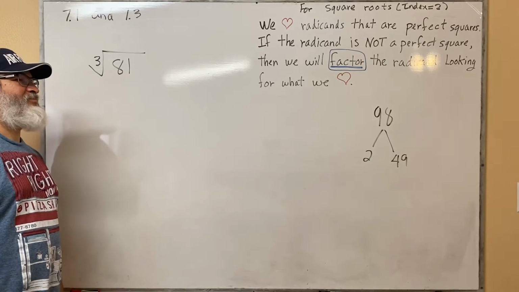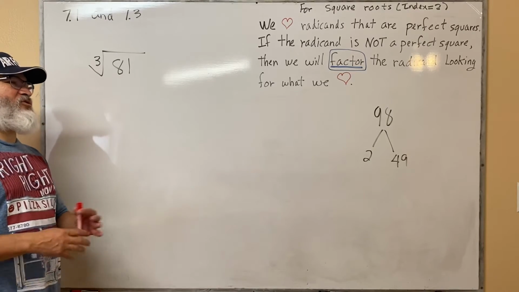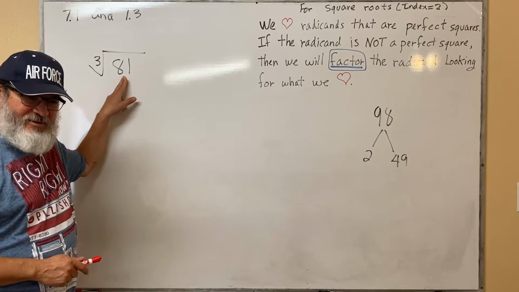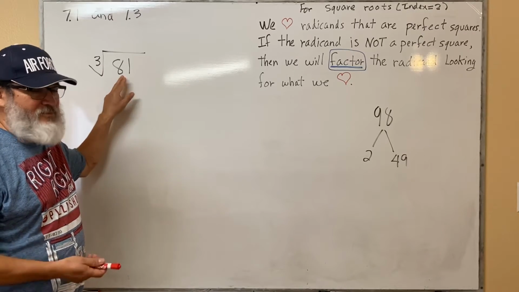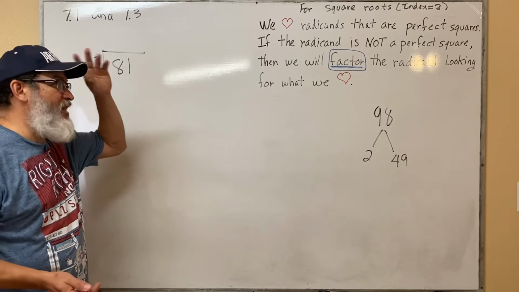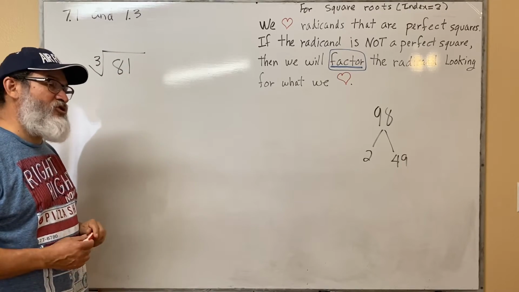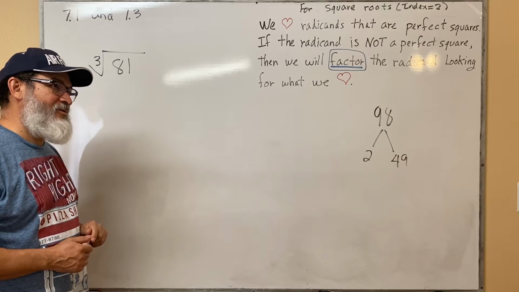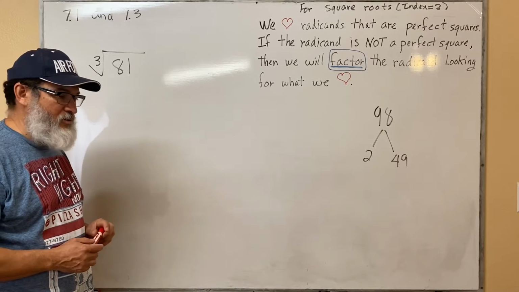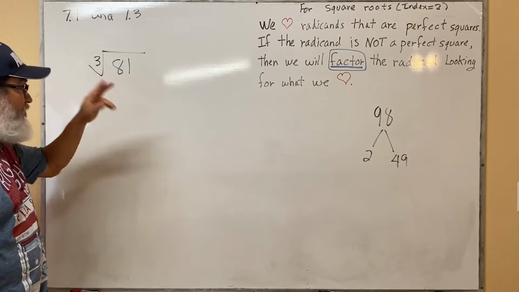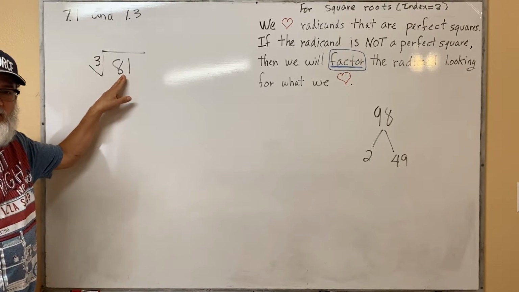All right. So here's a good question. Do you love this 81? That's a good question. Do you love the 81? The answer is, right now, no. I don't love this 81. Right now I don't.